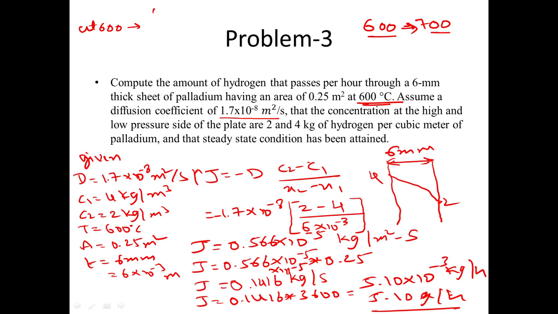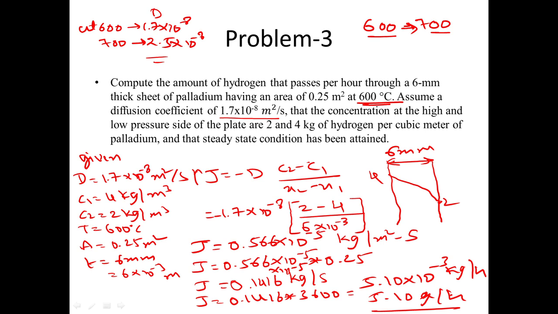Whereas if you increase the temperature, the D value changes to, say 2.5, just as an example.